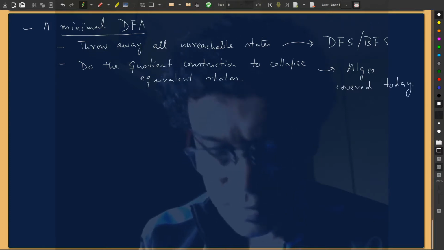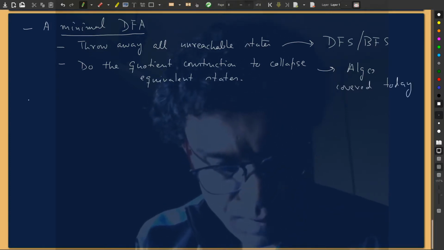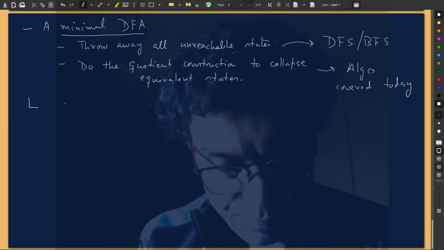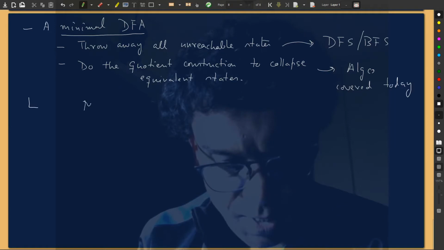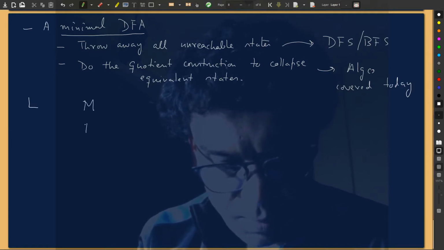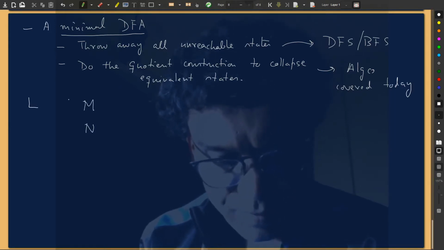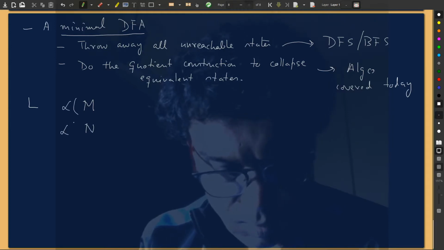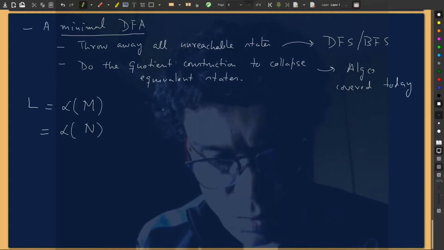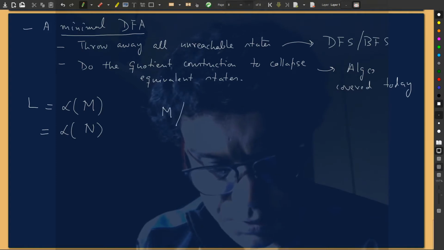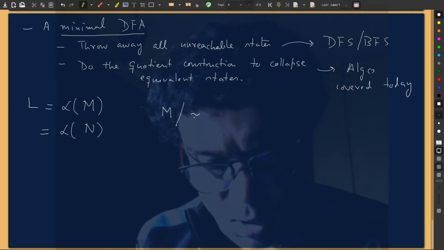So next we ask the question: suppose for a given L, somebody builds a machine, let us call it M, and somebody builds a machine called N, such that both accept L. Then we apply the quotient construction with respect to the equivalence relation on M, and we get a machine M prime.